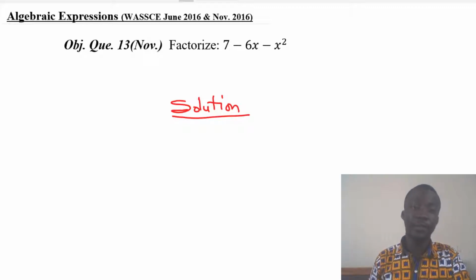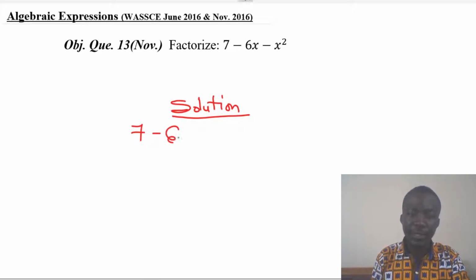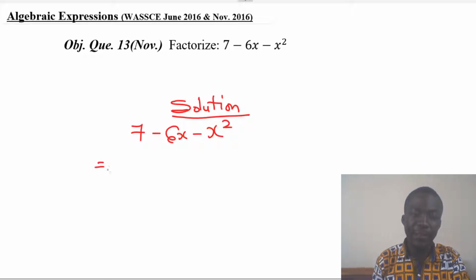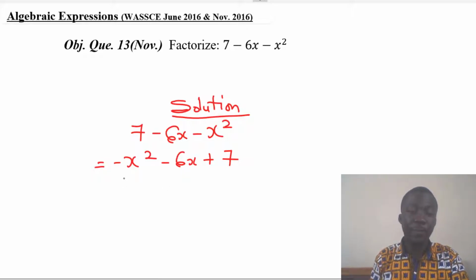Objective question 13, November. We are to factorize the expression 7 minus 6x minus x squared. This is a quadratic trinomial, so we can rewrite this in the normal order as negative x squared minus 6x plus 7. We are going to find the product of the coefficient of x squared, which is negative 1, and the constant 7, and we will get negative 7.